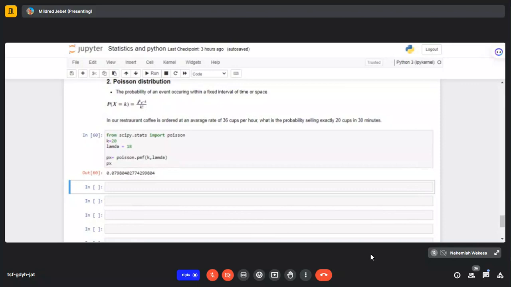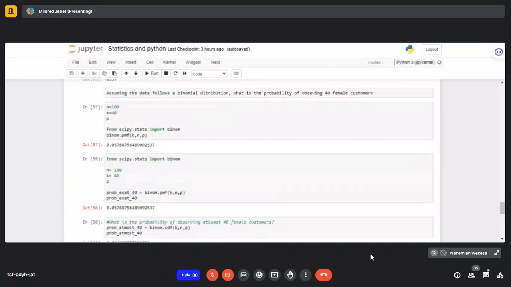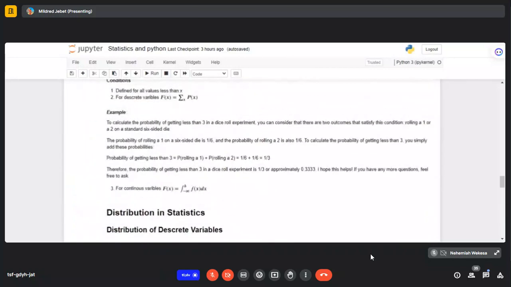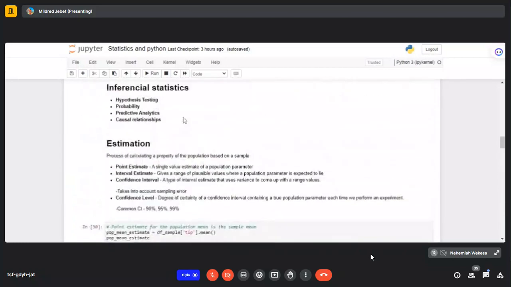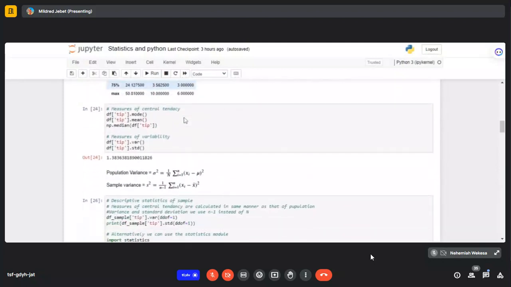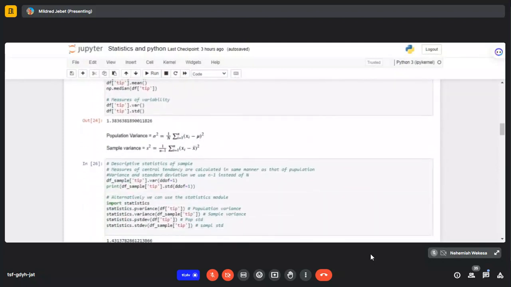Just like Kiswahili is hard, English is not our first language. So that one is known as mu, then you have the x bar, then you have sigma squared.